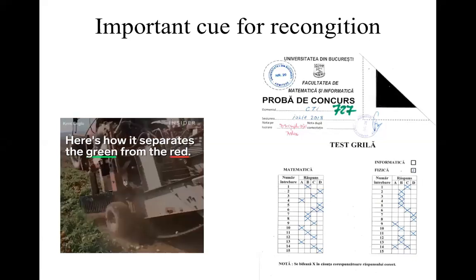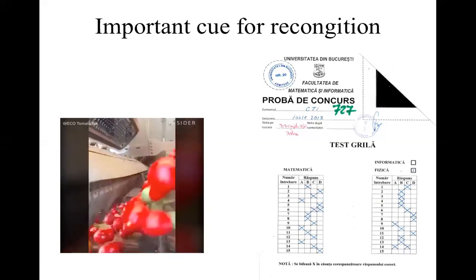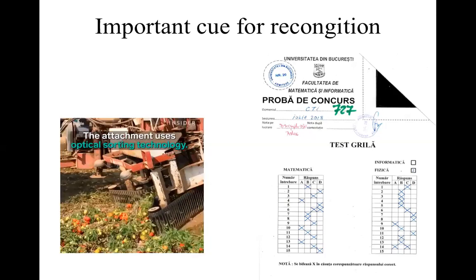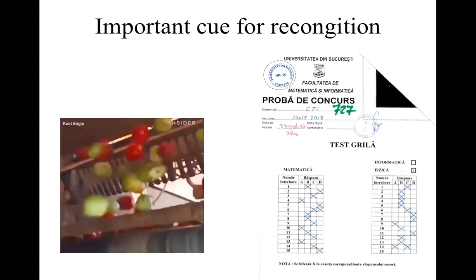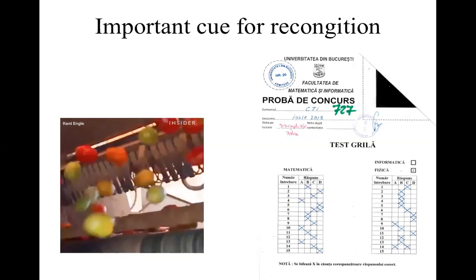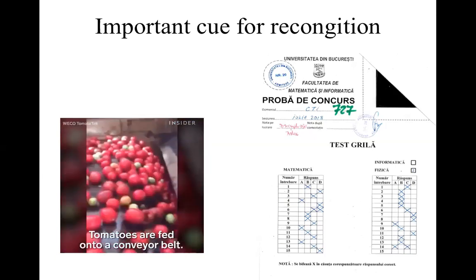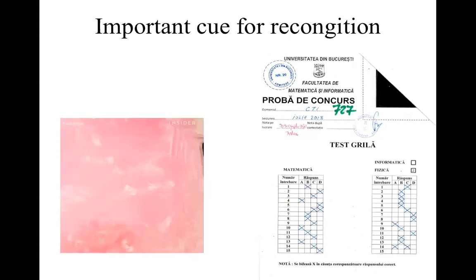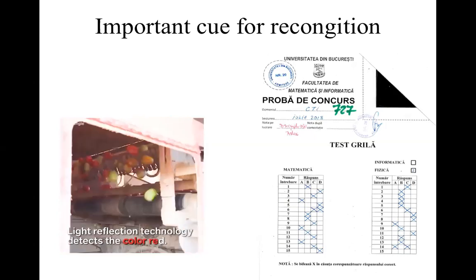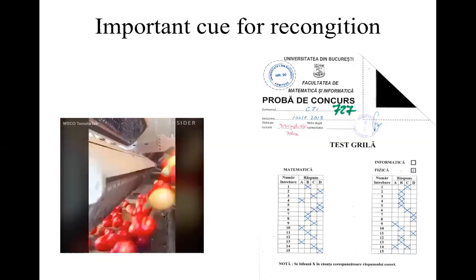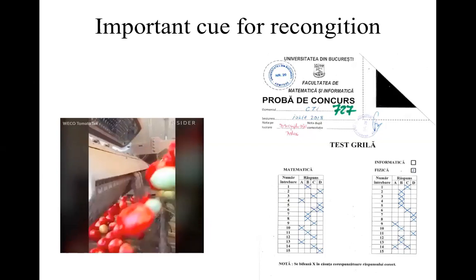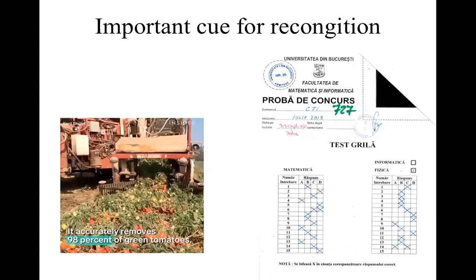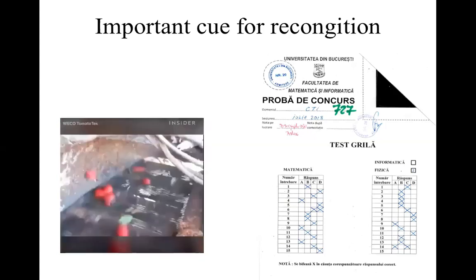So it has to separate green from red, and the good tomatoes will be separated from the bad ones. Okay, I think you got the idea.